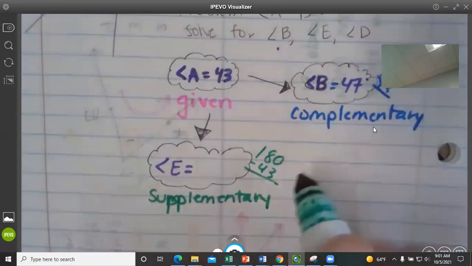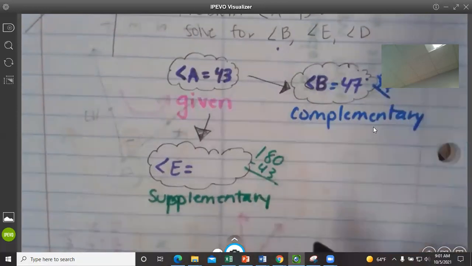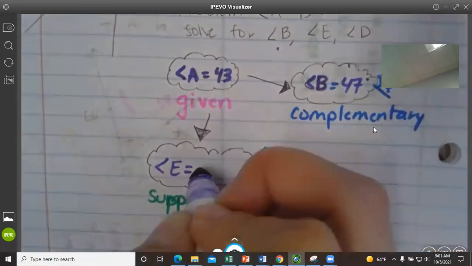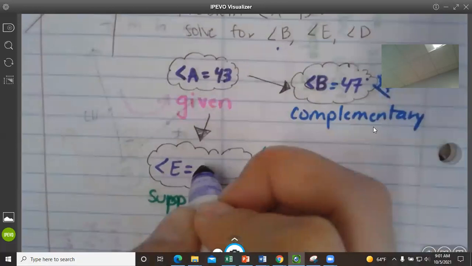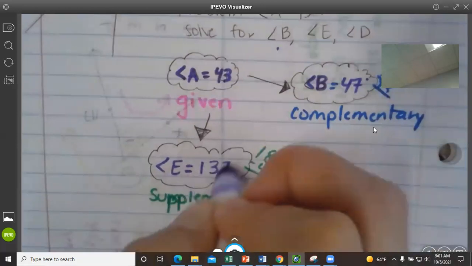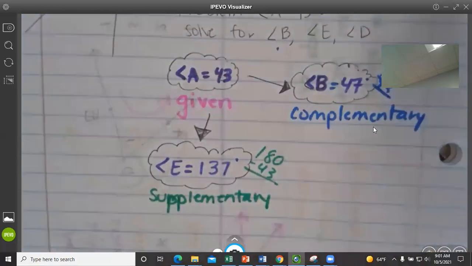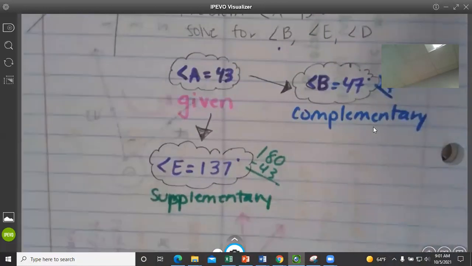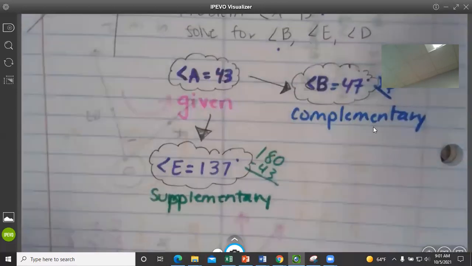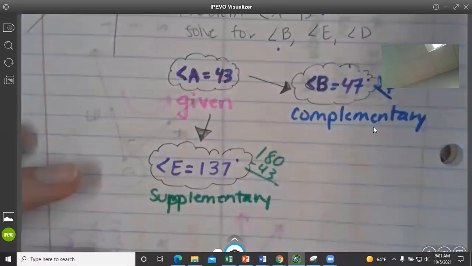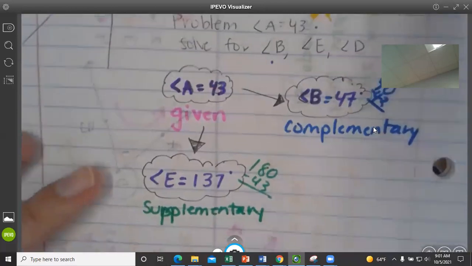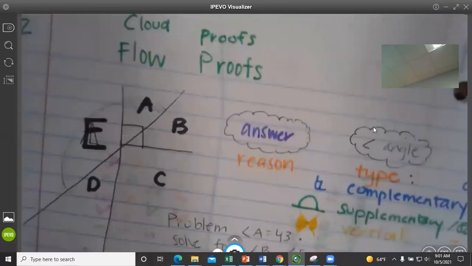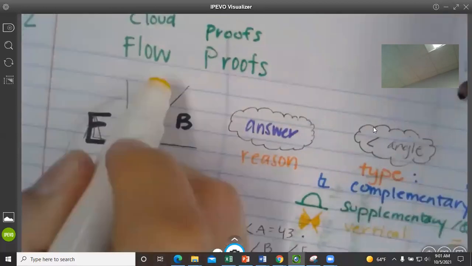Javius, do you remember what you got for this one? 180 minus 43. Yeah, it was 137. All right, so that's what we're doing for each one. We're figuring out the type, just like you've been doing before. Most people did 100 on their do now. You get the number, you just put the reason underneath it. All right, the last one was A and E. Here's D.